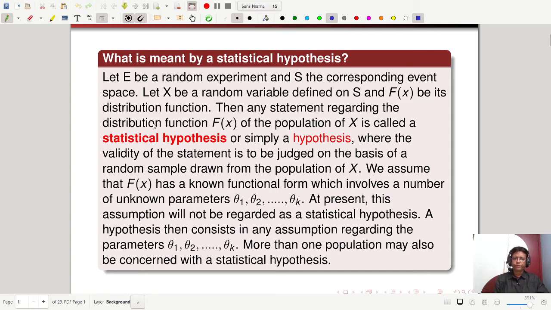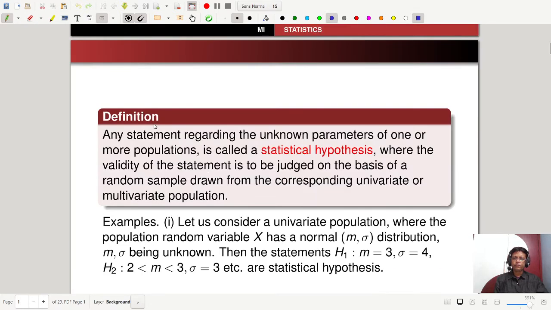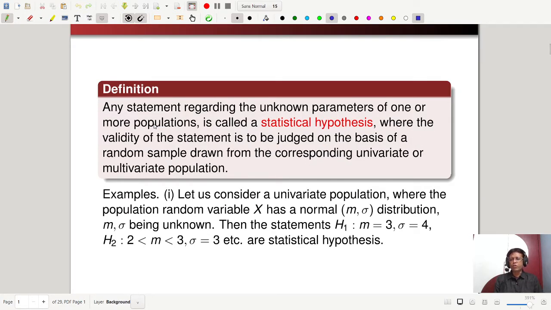So here you have a definition: a statement regarding the unknown parameters of one or more populations is called a statistical hypothesis, where the validity of the statement is to be judged on the basis of a random sample drawn from the corresponding univariate or multivariate population. So you have to judge this on the basis of a random sample drawn from the corresponding univariate or multivariate population. It can be a multivariate population also.